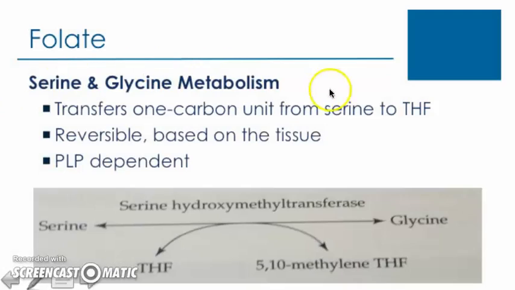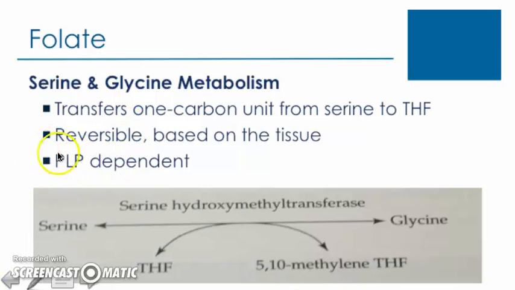Next, we will review in more detail the metabolism of serine and glycine. We can see that serine and glycine can be converted to one another. We have this key enzyme serine hydroxymethyltransferase, and the conversion of serine to glycine will involve the transfer of a methyl group. Again, this is reversible.